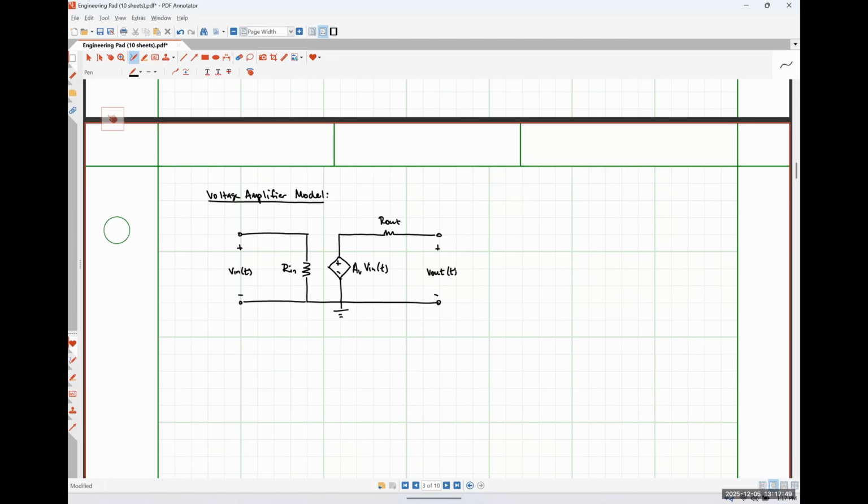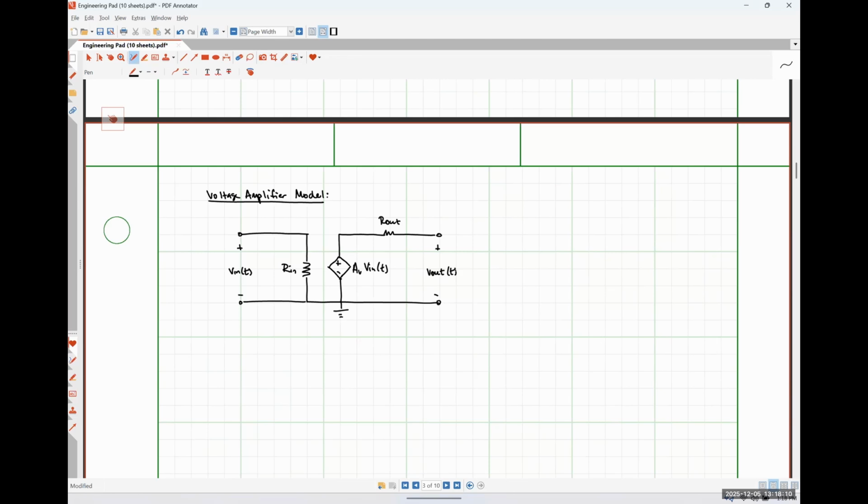So before I move on from here and show you some of the other models, I mentioned a couple of moments ago that whenever we have a voltage signal as our input, typically speaking, we want our input resistance to be as large as possible. So let's talk about that really quickly.